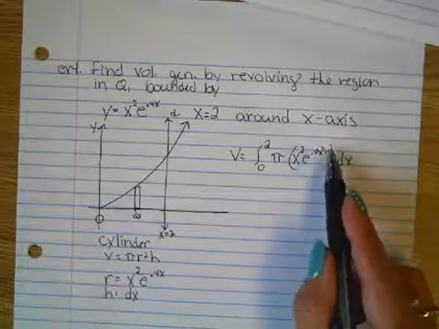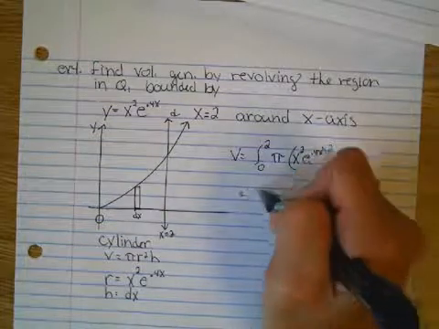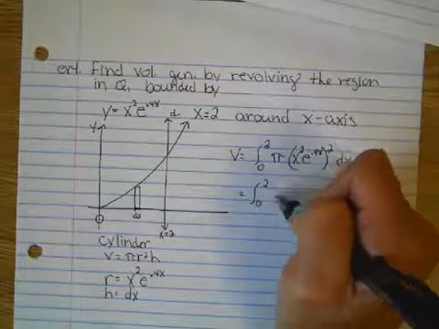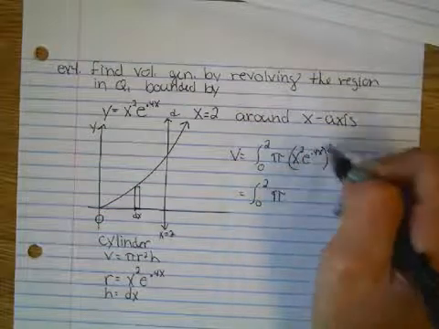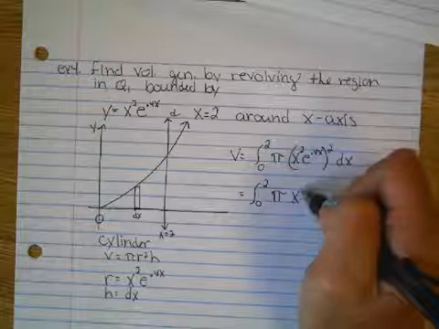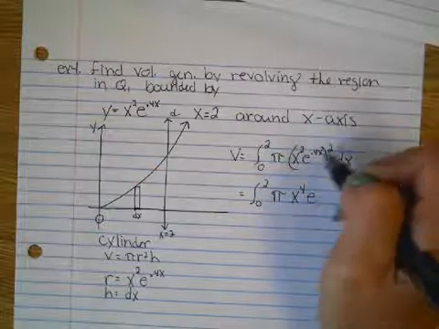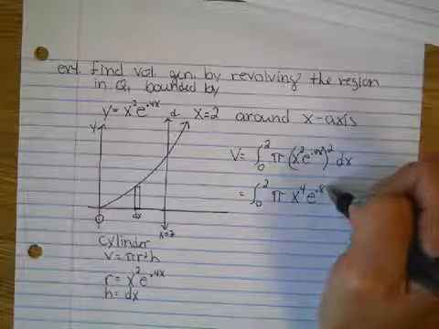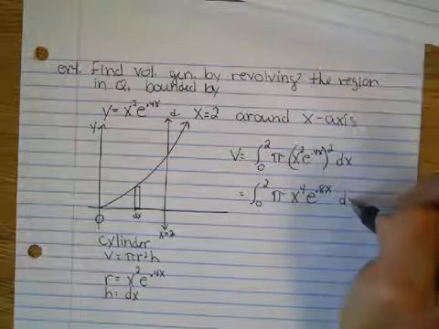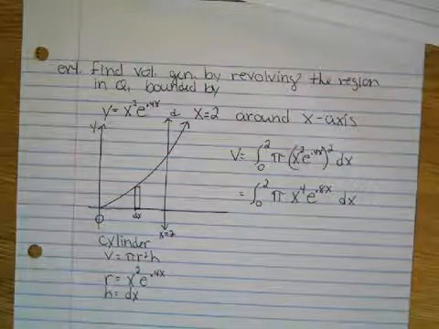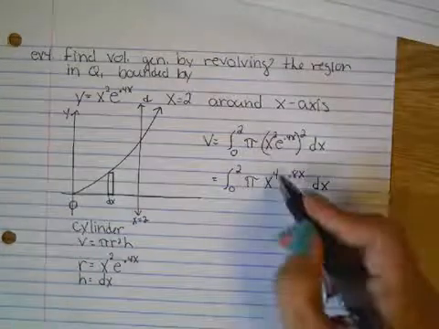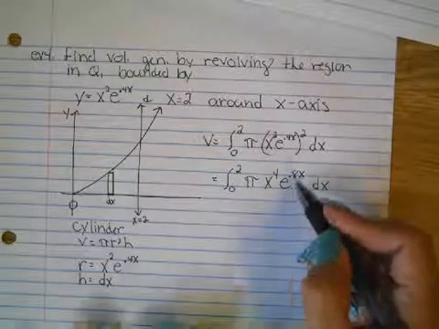Rule is power raised to a power is multiply. That'll become x to the 4th. That'll become e to the 0.8x dx. And we will go integration by parts because you've got the product of x terms here.